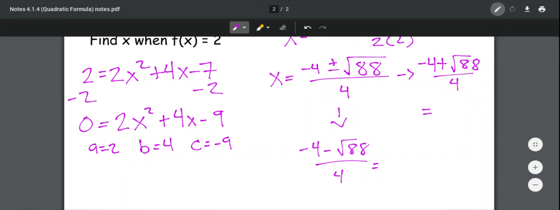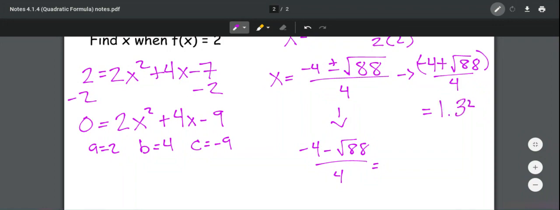Figure out if you want to put this in your calculator, you need to make sure you put parentheses. So negative 4 plus the square root of 88. And then you have to put enter, then divided by 4. If you're doing this on your phone, it's really tricky. So make sure you find a calculator.